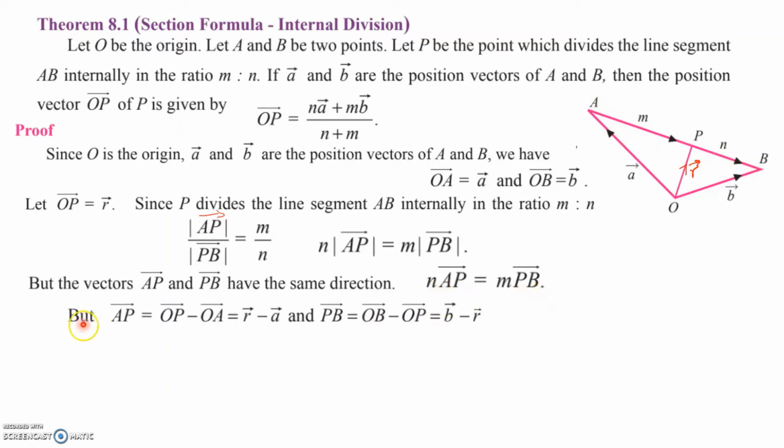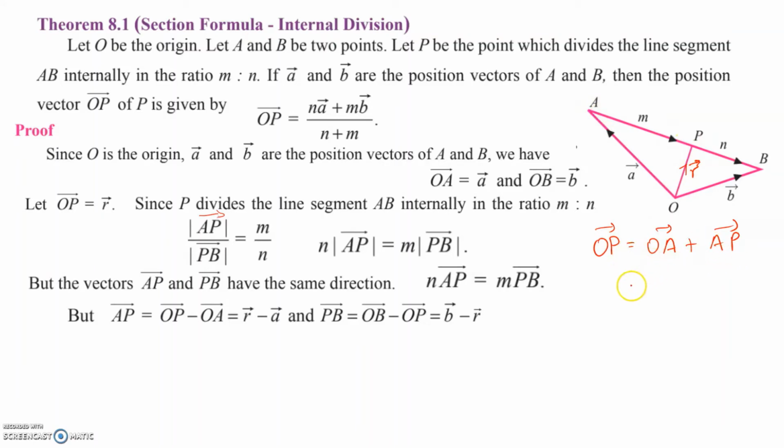Then we can also say that AP is equal to OP minus OA. How can we say that? We know that the vector OP is equal to OA plus AP.